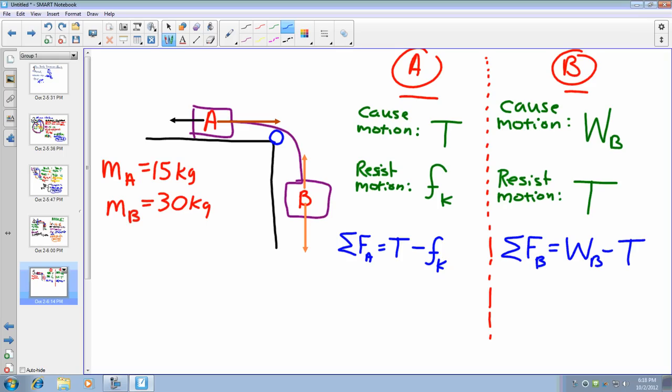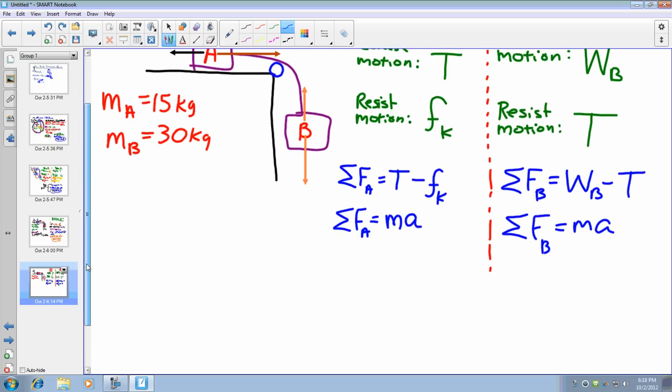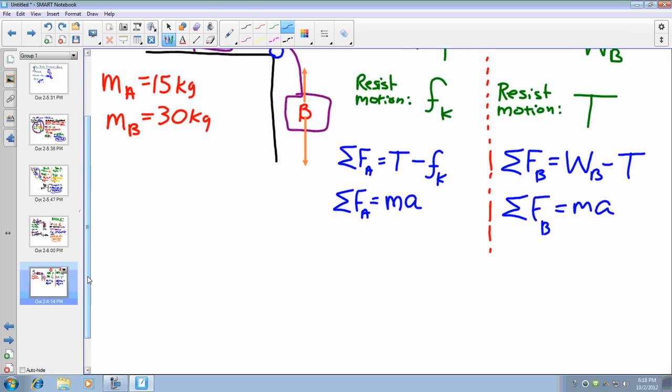Don't forget that the sum of these forces can also be written as F equals ma. What we can do is make these values equal to one another. I recommend that it might be easier in this situation to pick block A. You can pick either one, block A or block B, but for fun, we're going to choose block A.